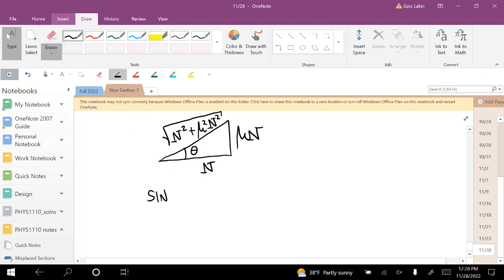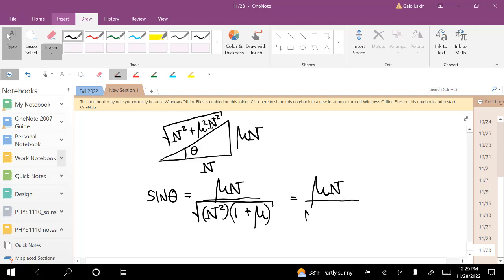So sine of theta is opposite over hypotenuse. So mu n over, notice that I can pull an n squared out of both of these. I'll write the extra step: square root of this, which is mu n over n times the square root of 1 plus mu squared. And you can cancel the n's.